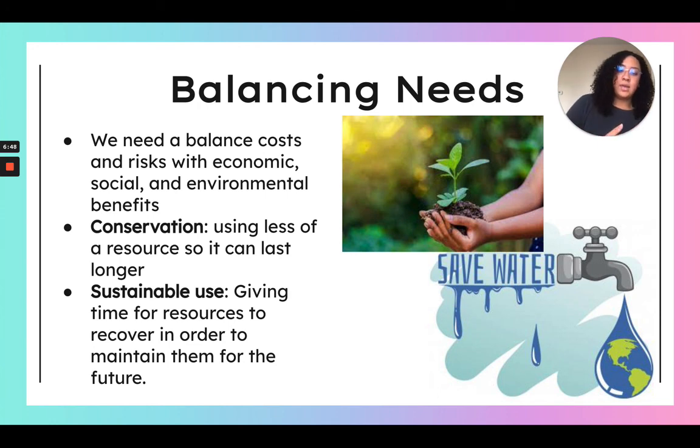When we log or cut down trees, we might be planting a tree while we cut down that tree in order to maintain that resource for the future. And for conservation, we might save water, using less of it so it can last longer. So all of these things we need to take into account when we look at our growing population, as well as our limited resources.